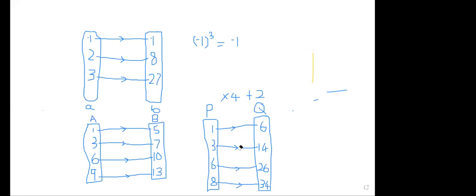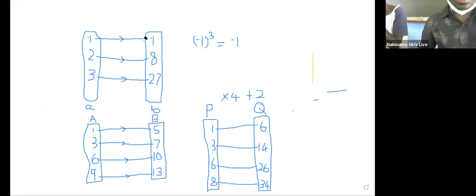So I want to delete this and bring my, let me put another arrow. Now I'm changing the arrow, eh?